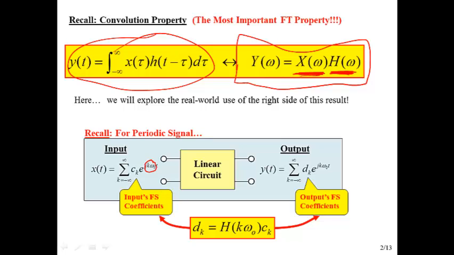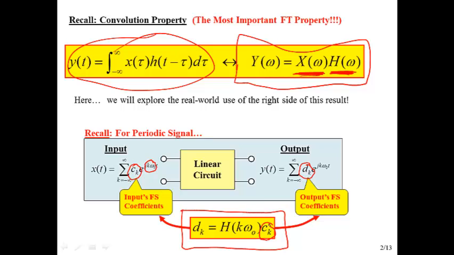C2 tells us magnitude or amplitude and phase at the frequency of 2 omega 0, and so on. So these C_k's are descriptors of the input signal. The D_k's are the Fourier series coefficients of the output periodic signal. And this is the key that links them.